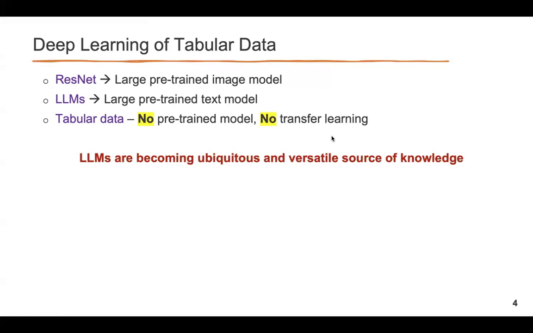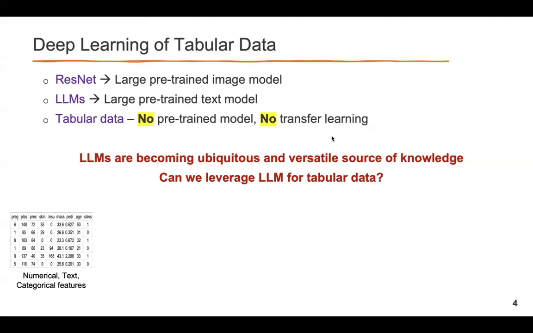Therefore, as LLMs are becoming ubiquitous and versatile sources of knowledge, the question arises: can we leverage LLMs for tabular data? Let's say we have an example of tabular data with numerical, text, and categorical features.